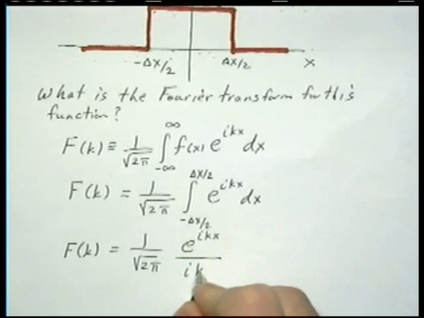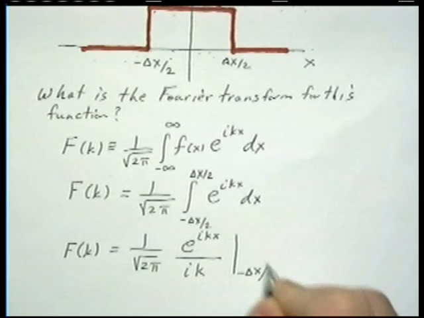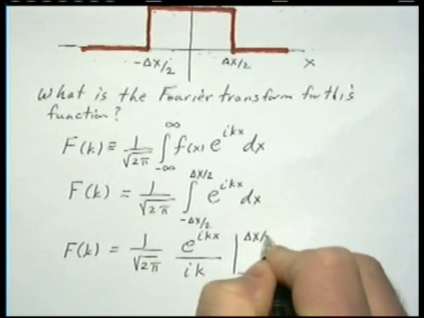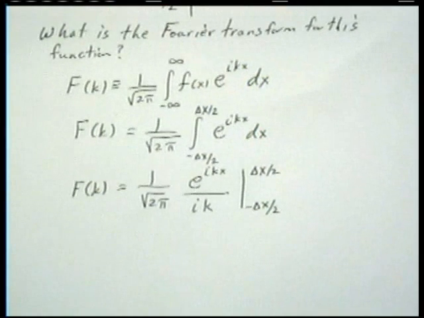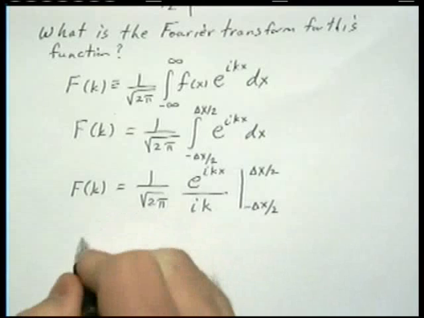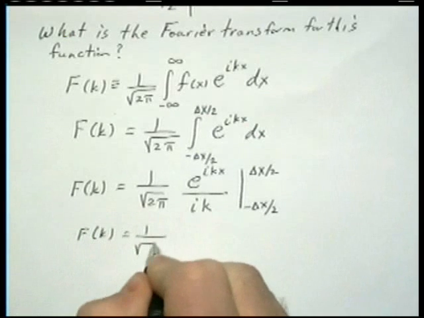over ik. We're evaluating it from minus delta x over 2 to delta x over 2. F of k is 1 over the square root of 2 pi.